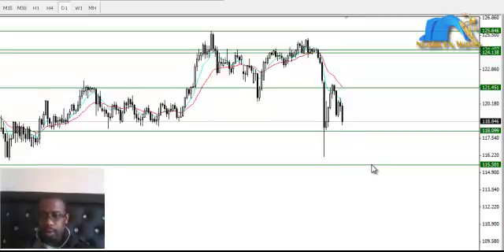Other than that, should price actually settle here, we could even see a bit of bullish movement, test a minor resistance level, and possibly further bullish movement can even be seen should the dollar actually start taking the fight back to the Japanese yen.